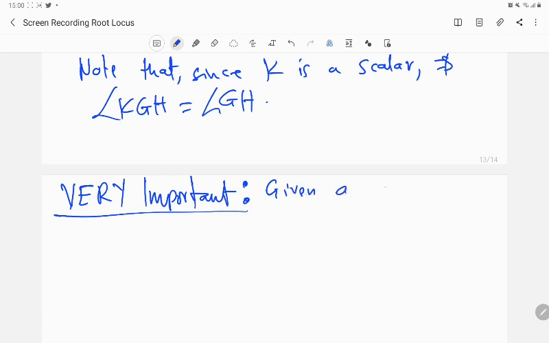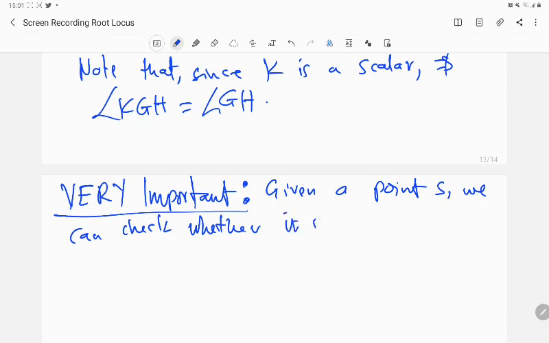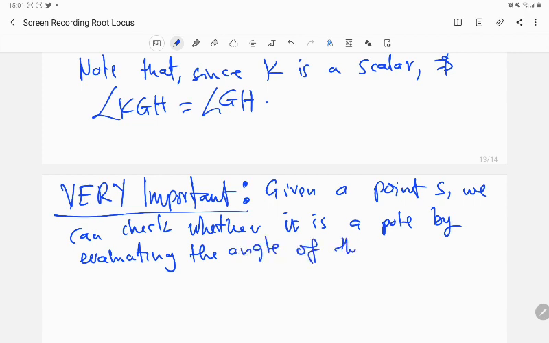When we are given a point S, we can check whether it is a pole by evaluating the angle of the open loop transfer function.